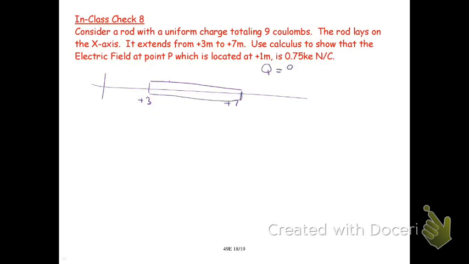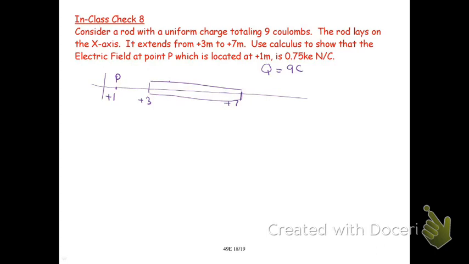Big Q is 9 coulombs. I used calculus to show the electric field at point P, which is located at +1, is that. And this is kind of what the question will say.